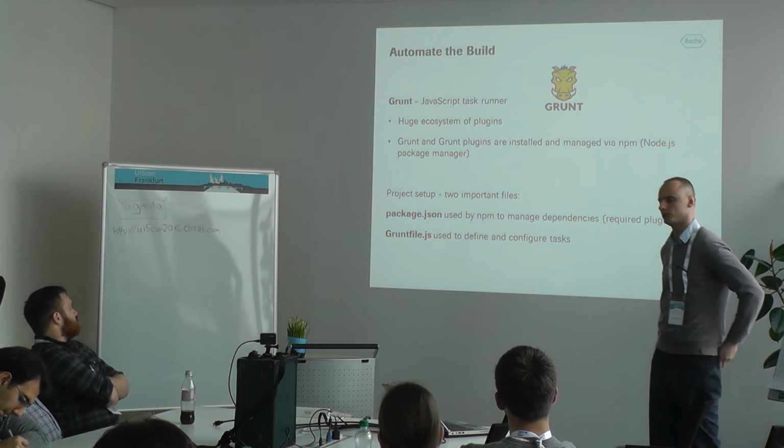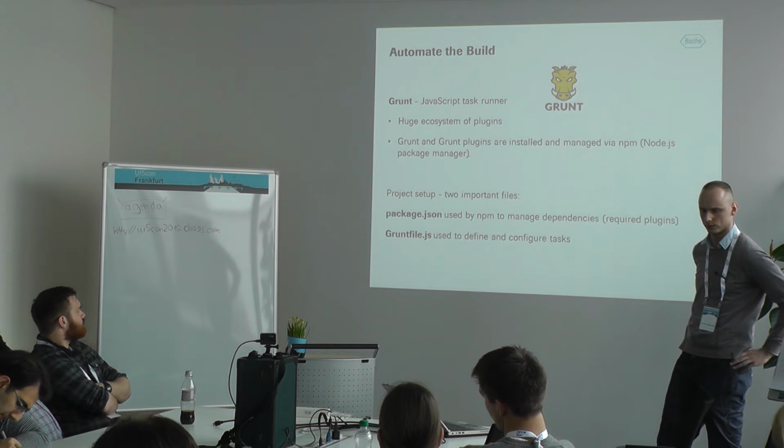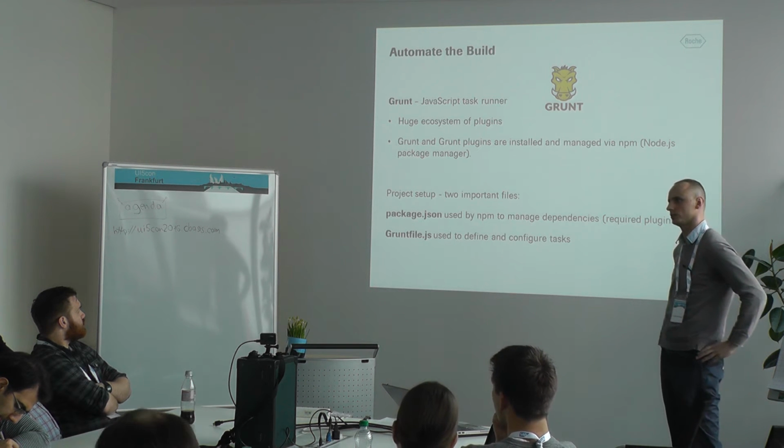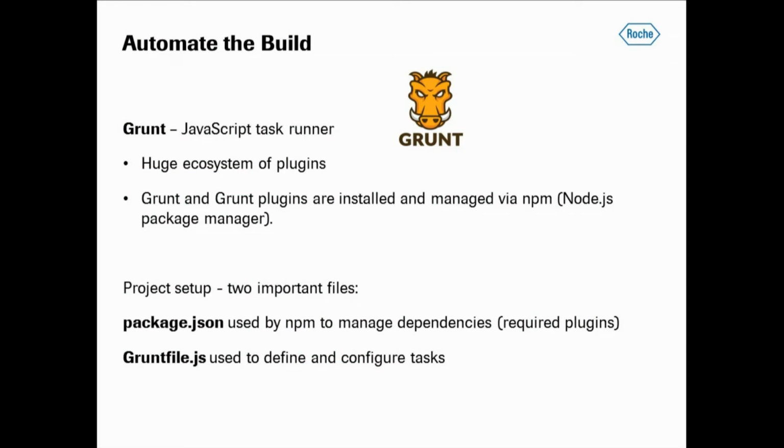For the build automation, we are using Grunt. There's an alternative, Gulp, which was also presented today in your session. These are the two most popular JavaScript task runners currently in the ecosystem. Grunt has a huge ecosystem of plugins to do different tasks during the build.